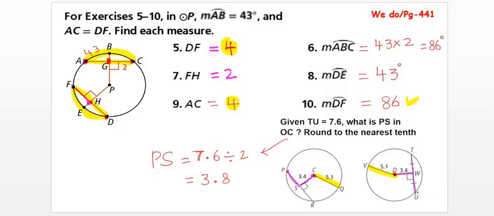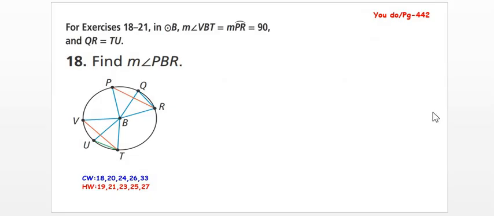If I want to get half of it, I will divide 7.6, because TU is 7.6, so the whole PR will also be 7.6. To get its half, I will divide it by 2 and it will give me 3.8. Clear?